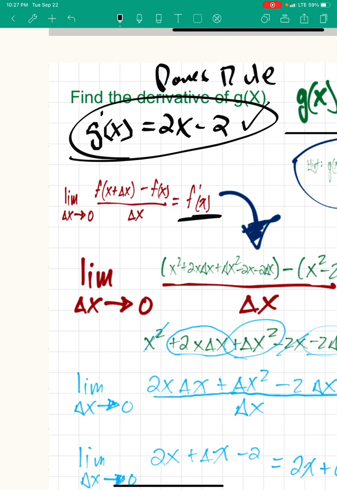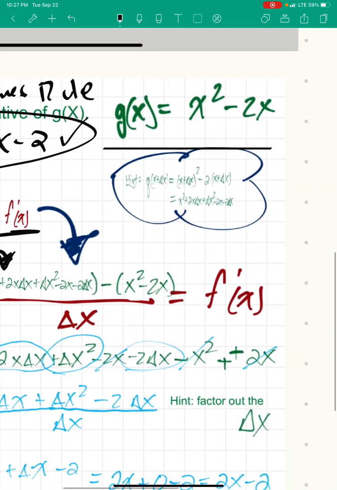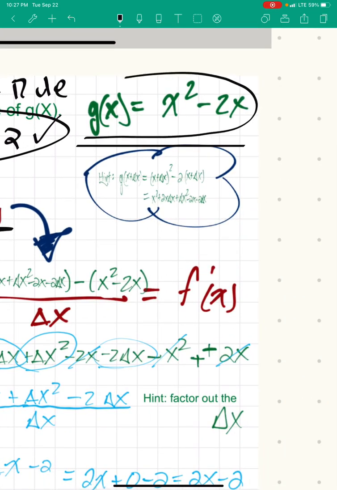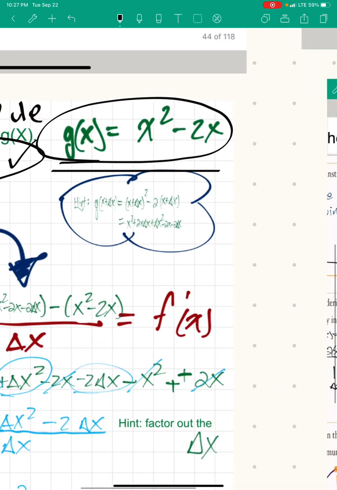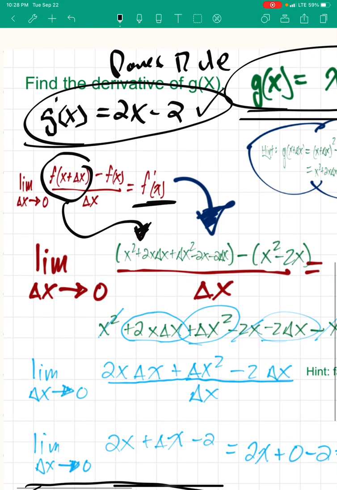When I plug in the function, remember, f of x plus delta x has to be rewritten. Meaning whenever there's an x, I have to say x plus delta x, right? We're using x squared minus 2x. That's our original function. So when I plug that in, it's got to be x plus delta x squared minus 2, open parentheses, x plus delta x, which gives me this messy part right here, right?